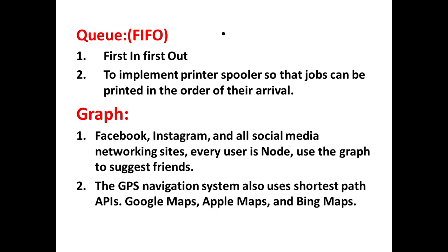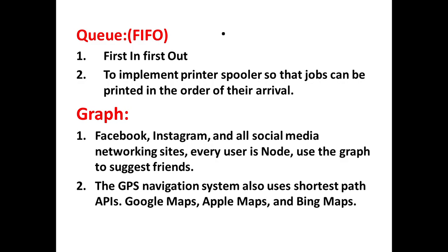And next one is graph. This is a very important one, and we are widely using these graph concepts nowadays. Facebook, Instagram, and all social media networking sites, we use graphs in all of these. Every node will have edges, and every node is represented as a user, and we use the graph to suggest friends.